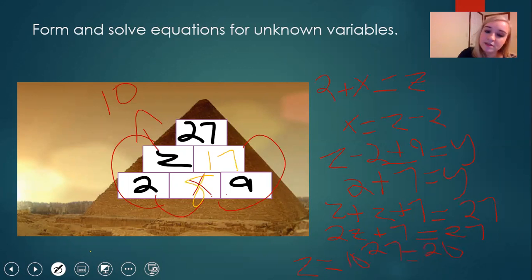So now that we see that z equals 10, we figure that out over here, and we know that 2 and something had to equal 10. Well, I already know in my head that that's 8. And if you don't know that, then you can just do 10 minus 8 to figure out the 2. So now we just solved our last pyramid.